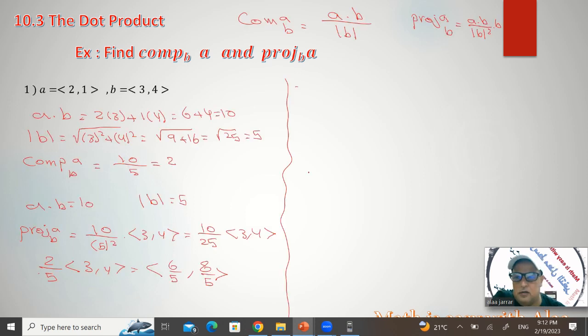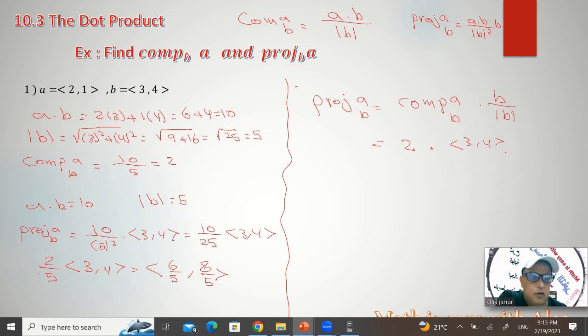Also here we can use another formula to find the projection of A onto B, which equals the component of A along B, because the component of A along B equals A dot B over the magnitude of B, times the unit vector of B, B over the magnitude of B. And we found this one: the component is 2, times B, 3 and 4, over the magnitude 5.